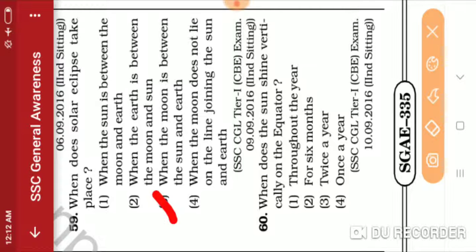When does the sun shine vertically on the equator? It's twice a year. At that time the sun shines vertically on the equator, two times in a year. Next question.